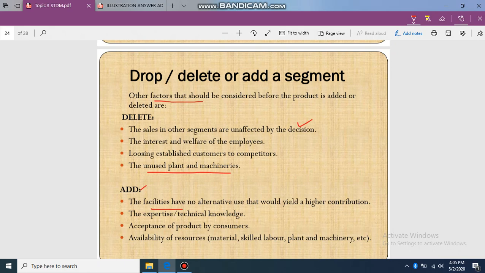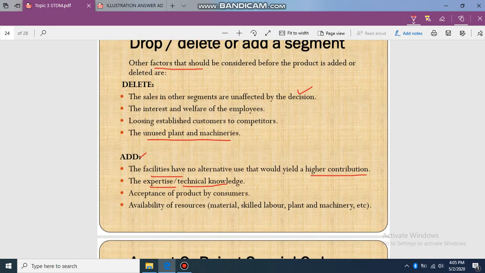Which one gives you higher contribution? And if you add a new product, you also have to refer to whether you have the expertise and technical knowledge to produce it since the product is new. And then the acceptance of the product by the customers: whether the customers accept the new product or not.